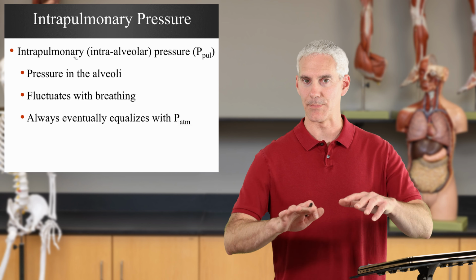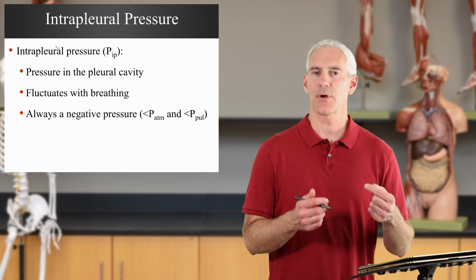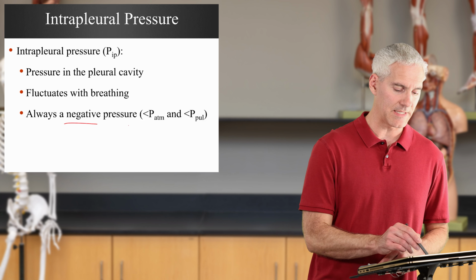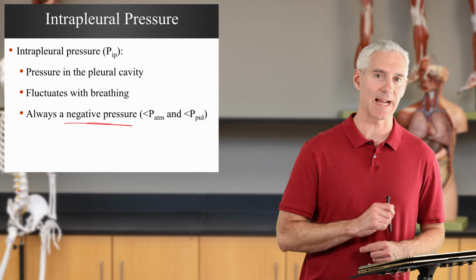Now there's also an intrapleural pressure. Intrapleural, or P subscript IP, that intrapleural pressure is looking at the pressure inside the pleural cavity. Now that's going to be important because that pressure inside the pleural cavity better always be negative in relation to the atmospheric, in relation to the intrapulmonary.